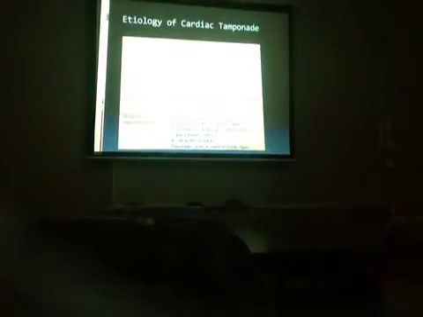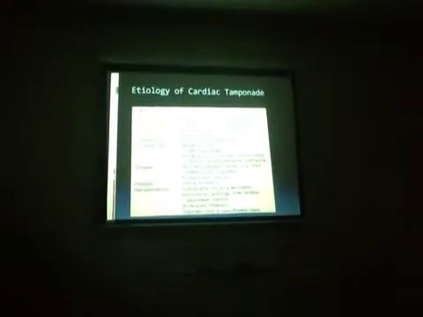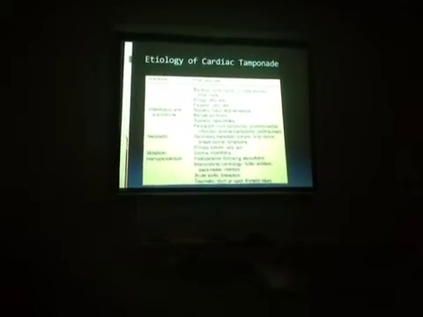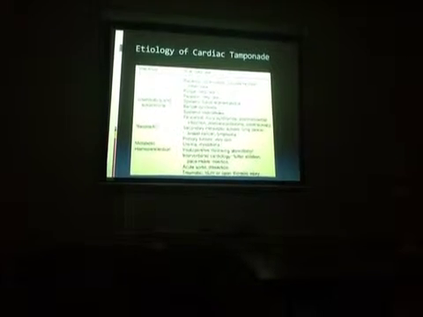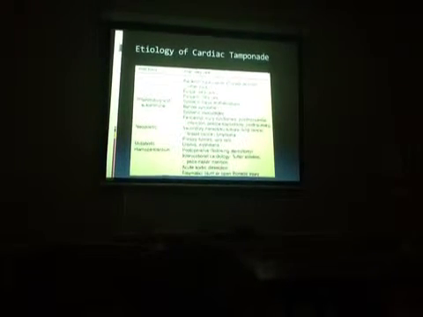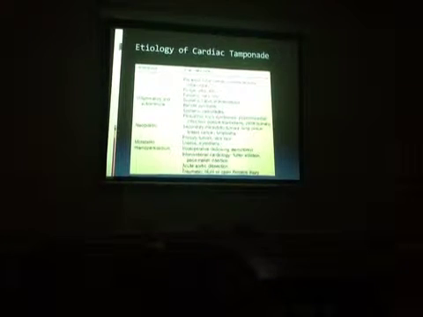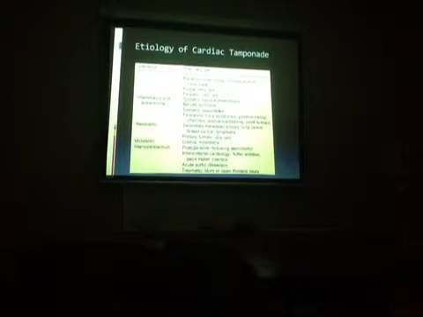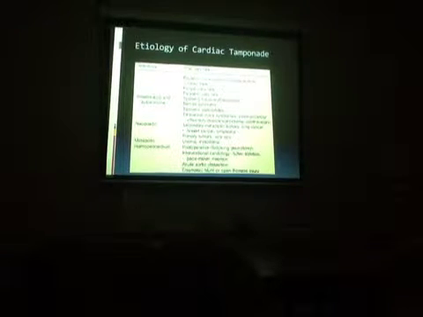If you look at the etiology, anything can cause pericardial effusion. Coming back to the definition, pericardial tamponade is a phenomenon in pericardial effusion; some pericardial effusions can cause pericardial tamponade. Now, what percentage of pericardial effusions cause pericardial tamponade?